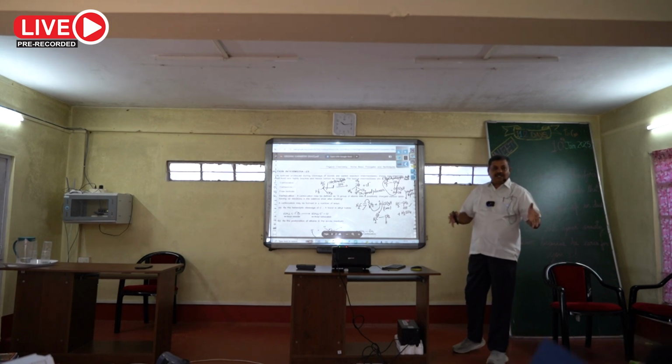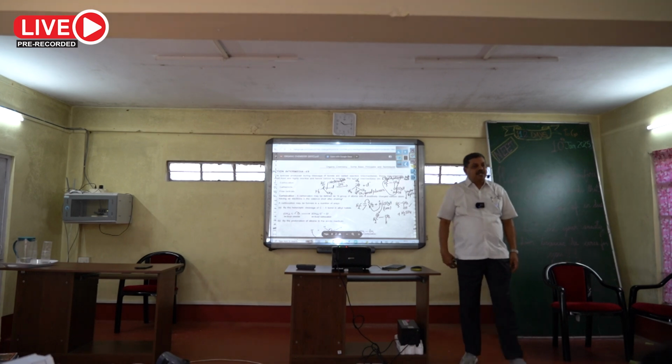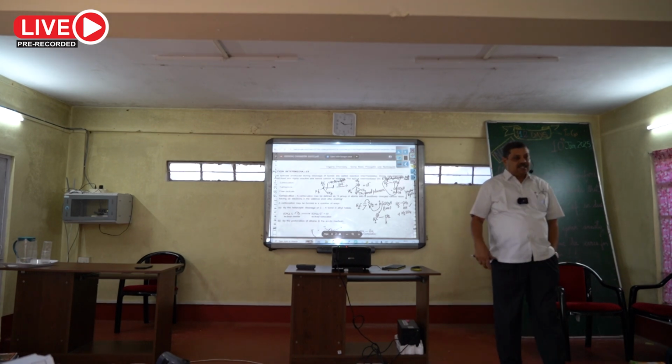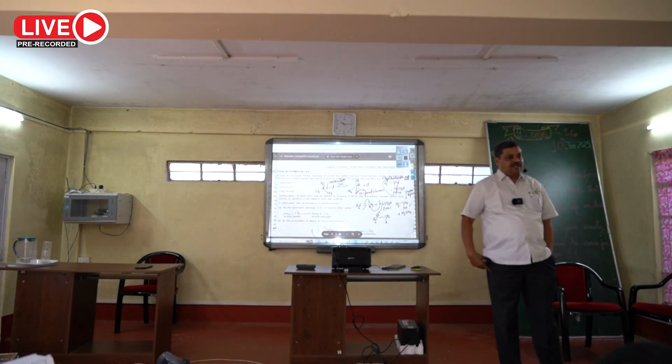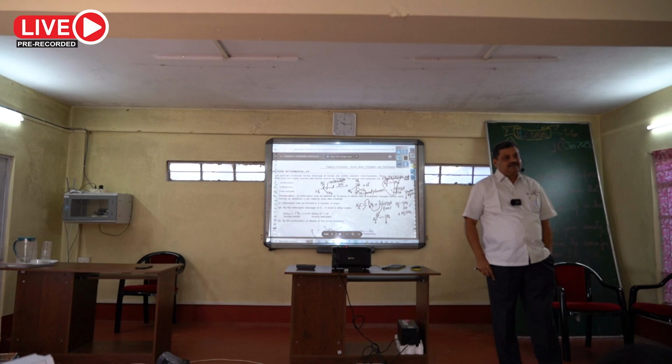Now this ethyl alcohol is used for making many alcoholic beverages like beer, brandy, etc. They are used for making different alcoholic beverages, and alcoholic beverages carry a huge excise duty. Suppose 1 liter of beer costs, let us say, 10 rupees for the government.